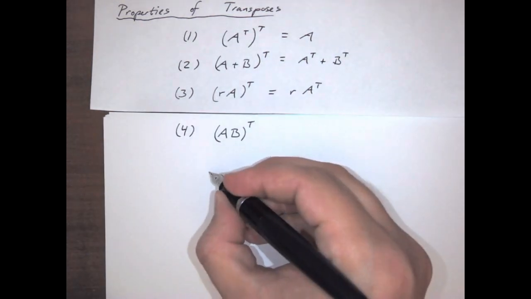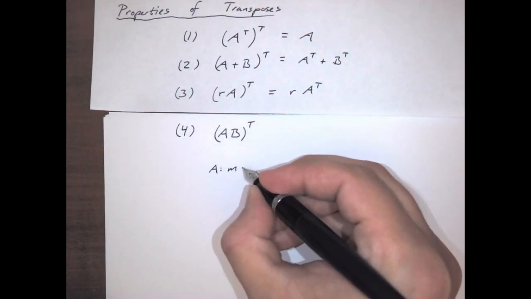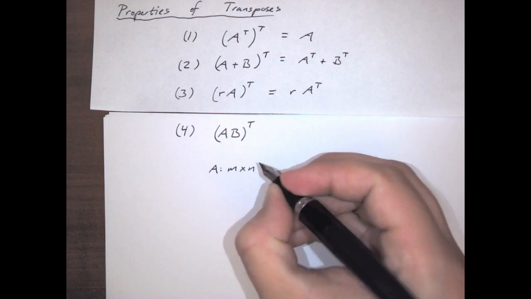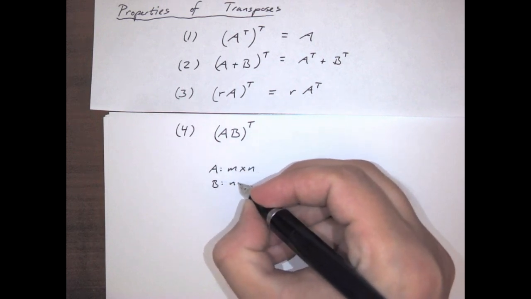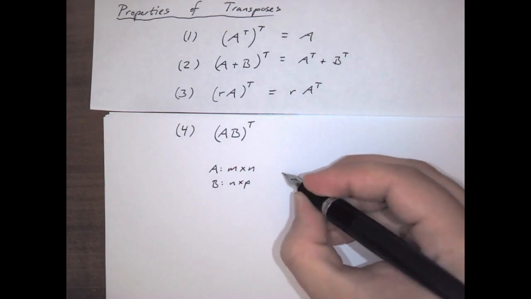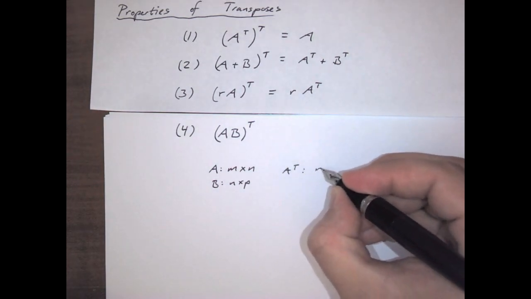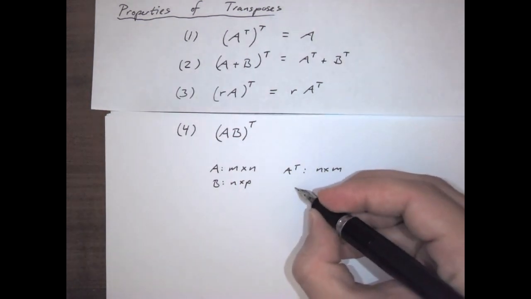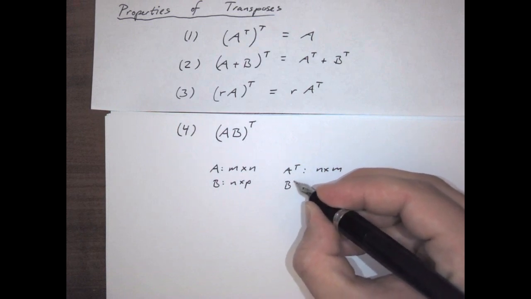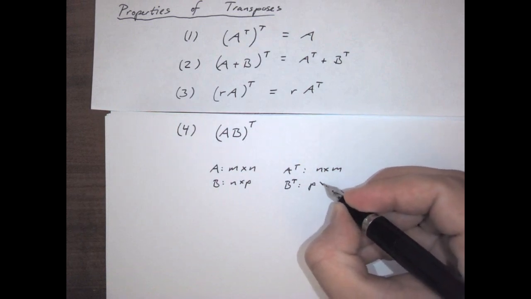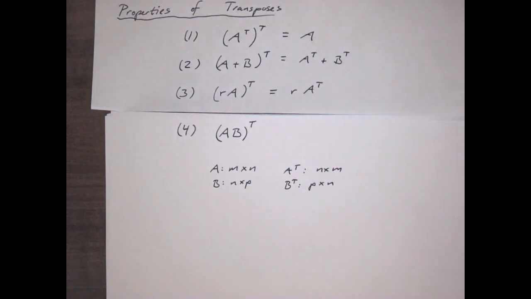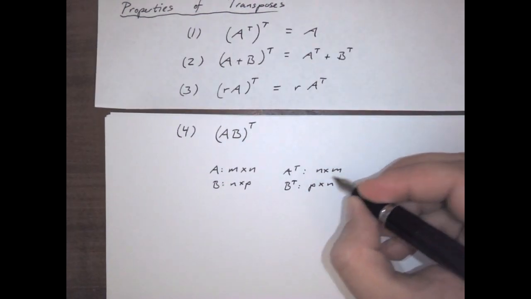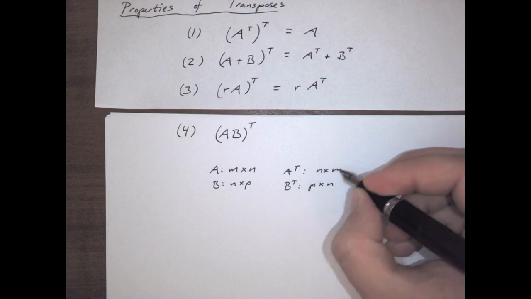So before we even write that, let's just think of this. If A is m by n, and B is n by p, then A transpose would be n by m, since every row becomes a column, every column becomes a row, and B transpose would be p by n, and so A transpose B transpose wouldn't even make sense because we would have a mismatch in the middle two dimensions.